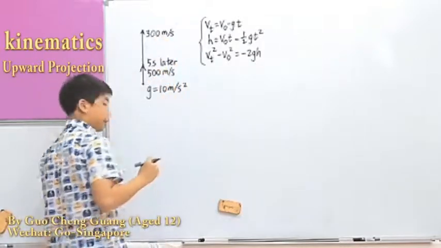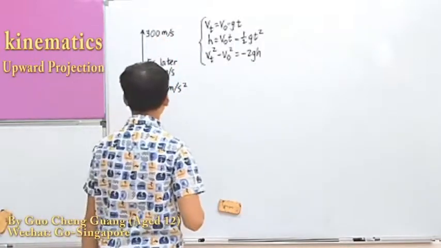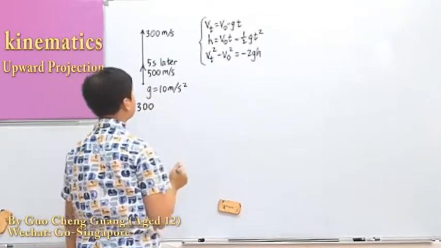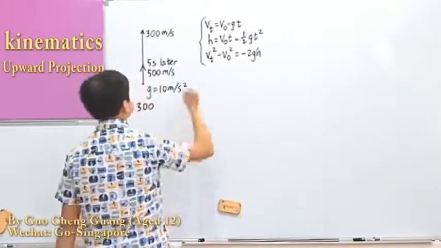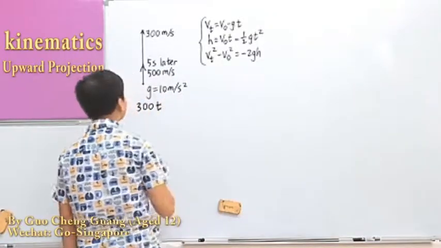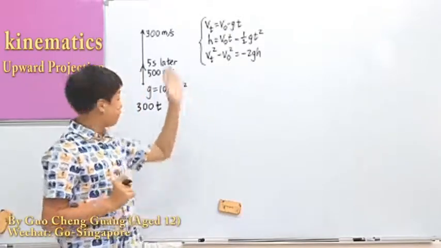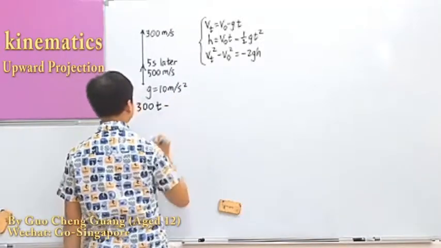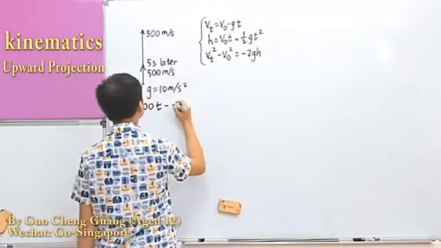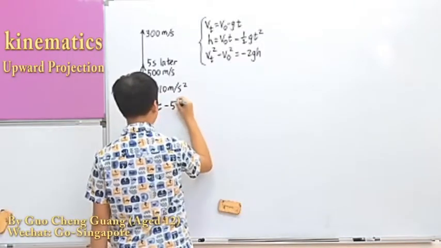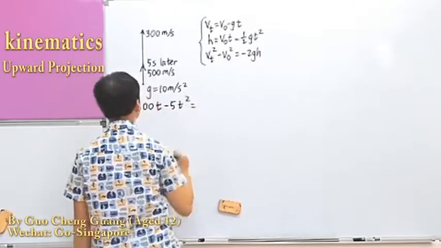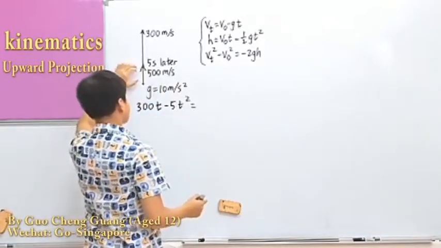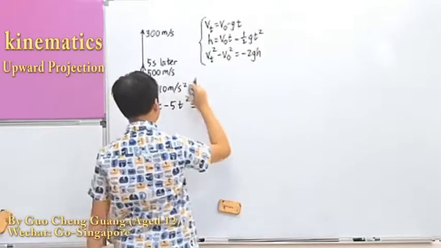Let's just say we calculate from the first bullet. For the first bullet, it will be 300, times t, since we're calculating for the first bullet. Then we need to subtract 5 t squared. This displacement is equal to the displacement of the second bullet.